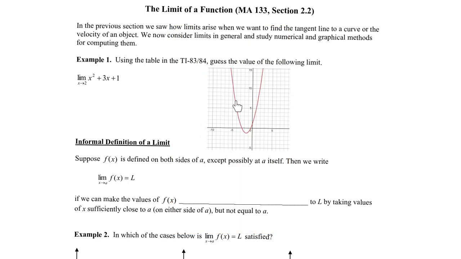So here you see a picture of the graph of this function, and you can see from the graph it does appear that as we approach 2, this function gets closer and closer to 11, which we know it does because we know that we could actually plug in 2, and that function evaluated at 2 is actually 11.